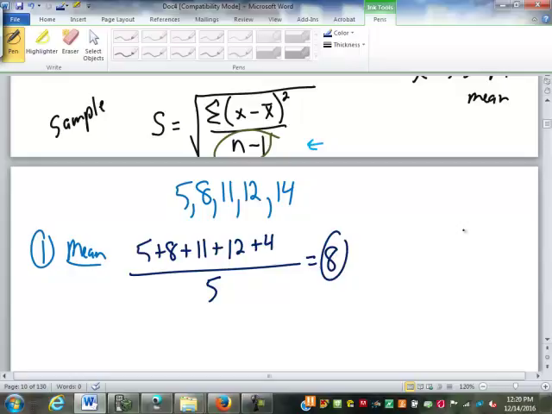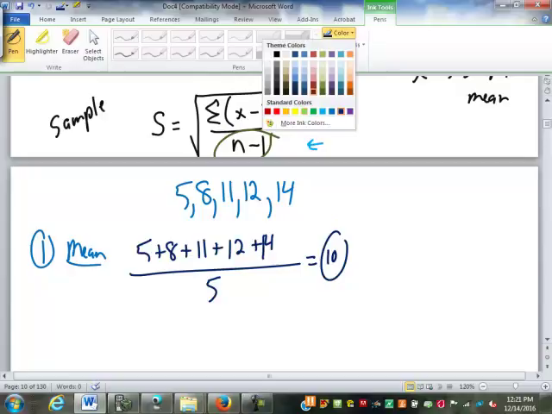That doesn't look right. 5, 13, 24, 36, 40. I did something wrong there. Oh, I got to put 14 here. That should be 50. So divided by 5 gives me a mean of 10.